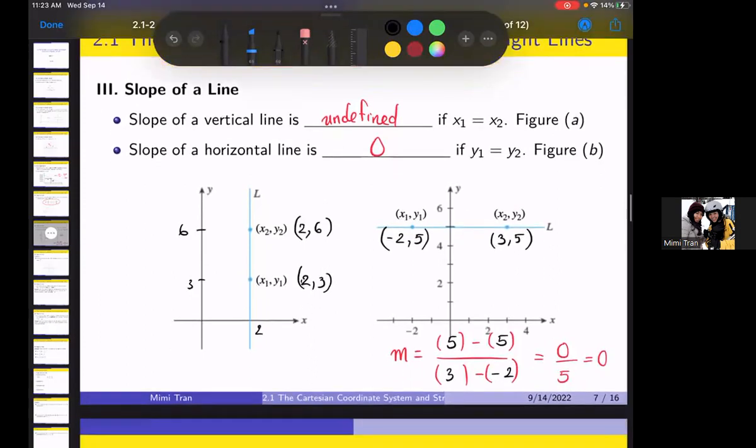Find the slope. Y2 is 6. Y1 is 3. And then X2 and X1 are the same, both 2. The thing here is you have 0 in the denominator. So it's undefined.